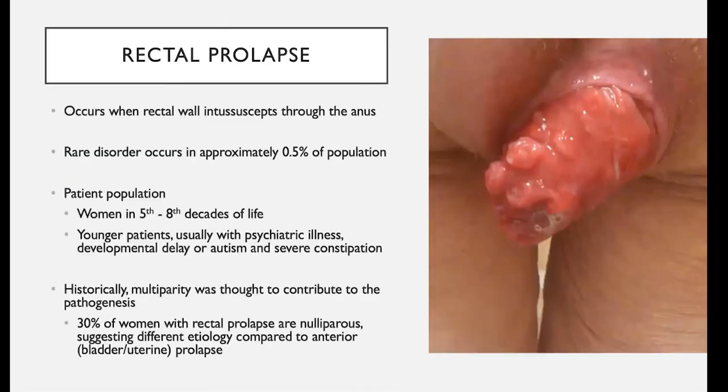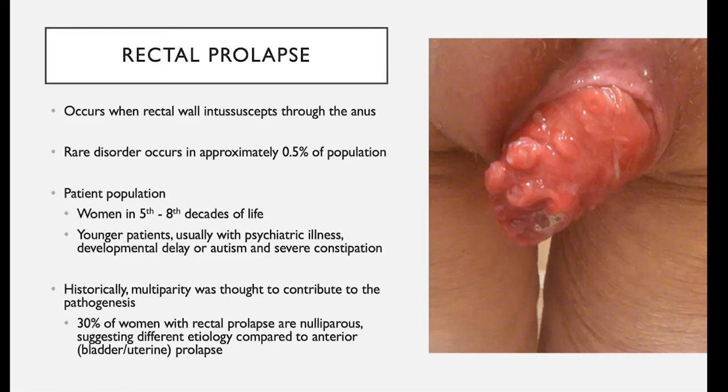All right, moving on to rectal prolapse. A rectal prolapse occurs when the rectal wall intussuscepts through the anus. It's pretty rare, occurring in approximately 0.5% of the population. Typically, it occurs in women in the 5th to 8th decades of life.